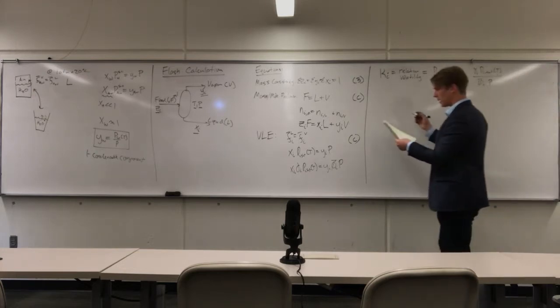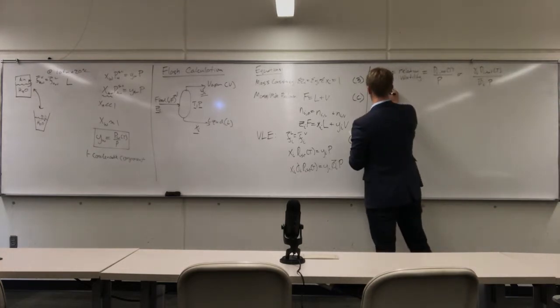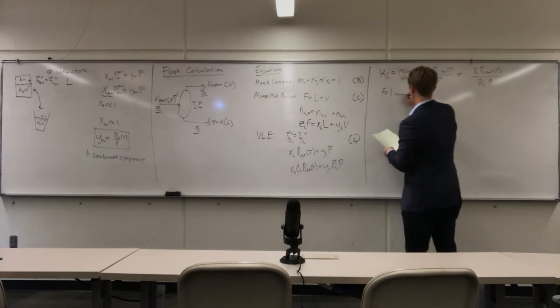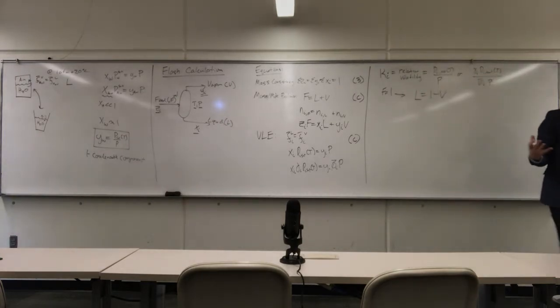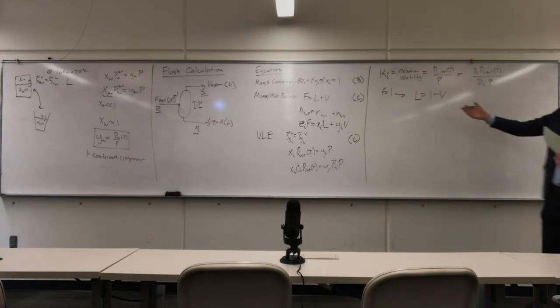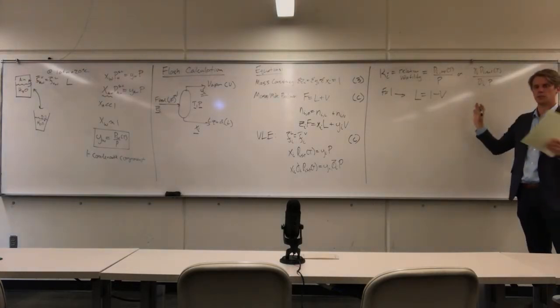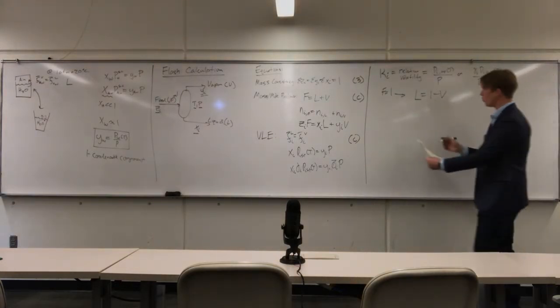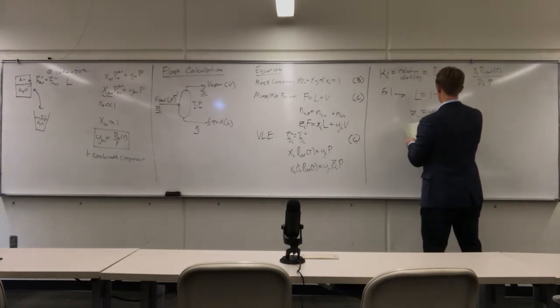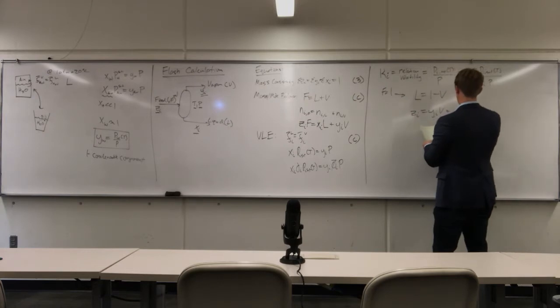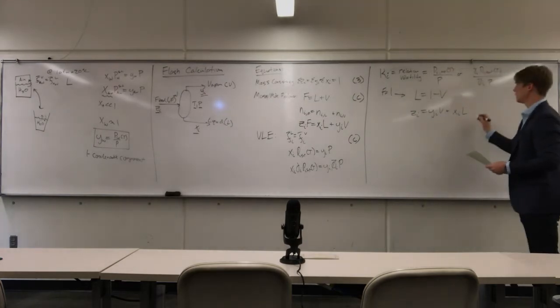So how we will apply this is we're going to use a series of equations. We're going to say that F is equal to 1 to make it simple, in which case the liquid flow rate is just equal to 1 minus the vapor flow rate. If it doesn't leave as a liquid, it leaves as a vapor. That's all we're saying here. Simple substitution. We'll do one component mass balance. Okay.